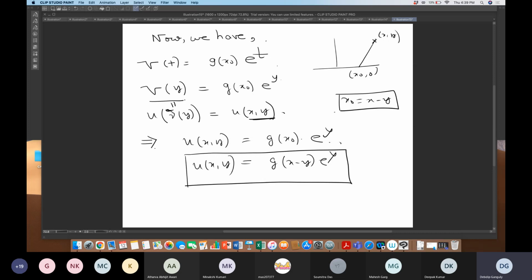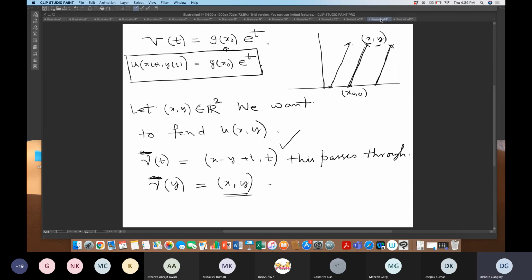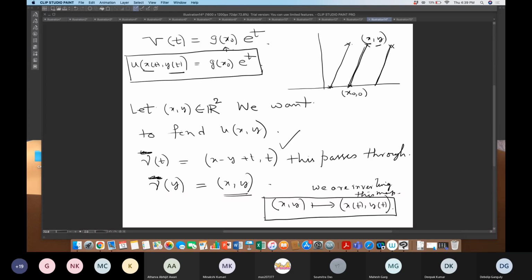So what we are doing? We are inverting the t variable in terms of x and y. When we do something in a more general way, we will see that this x comma y and this xt, yt, we are inverting this map, xy to xt yt.